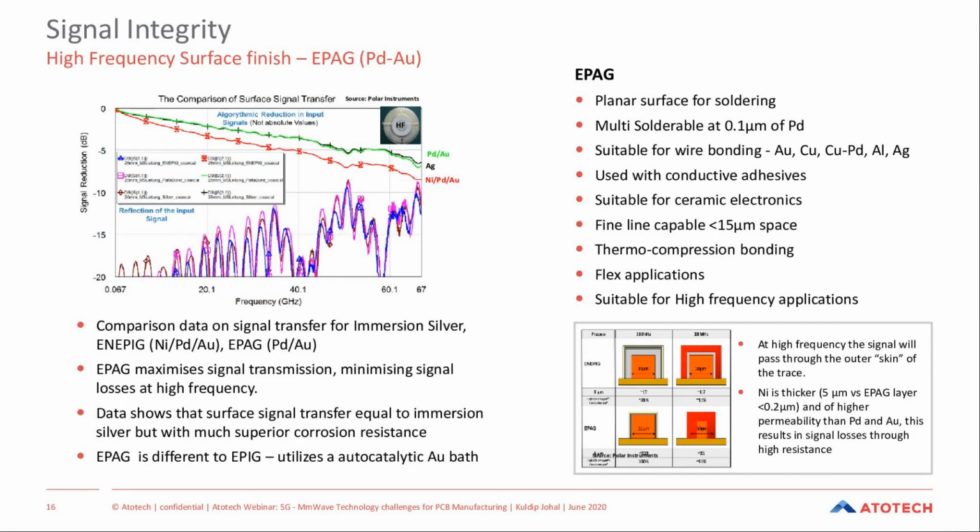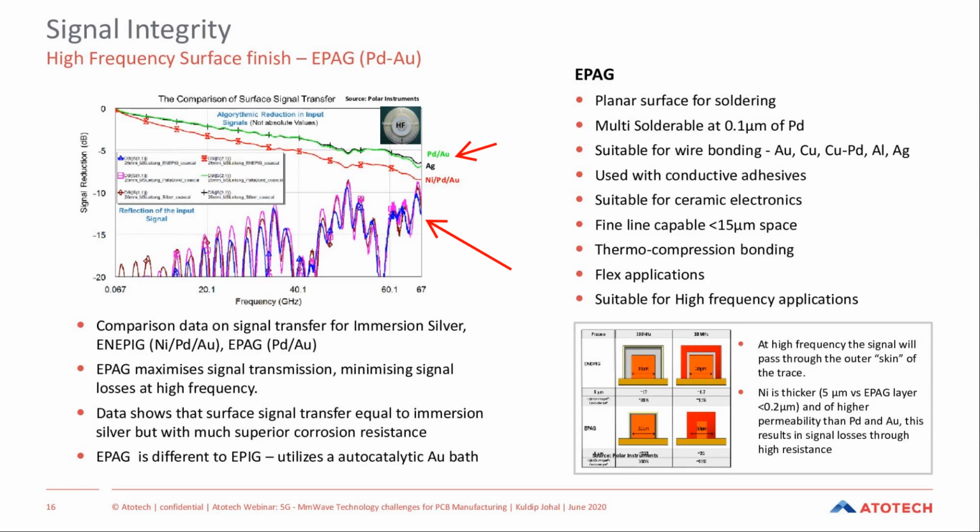In this case, we did some comparison tests with data that compared standard ENIG, electroless palladium autocatalytic gold, silver, and ENEPIG. What we could see from the results is that the signal losses on EPAG were just as good as silver. And so we could see that this is a potential finish that could be used for high-speed applications.